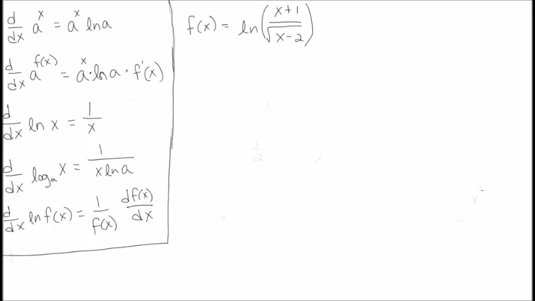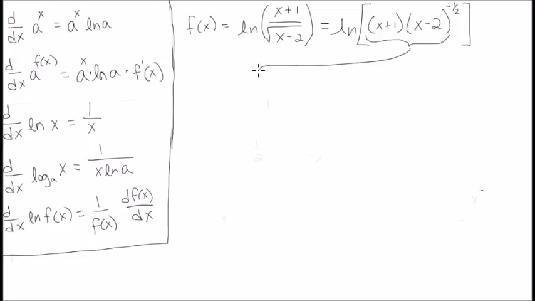All right, so we'll break this into several different pieces. I'm going to rewrite this as the natural log of x plus 1 quantity times x minus 2 to the negative 1/2. I'm going to take the derivative of this inside piece first.